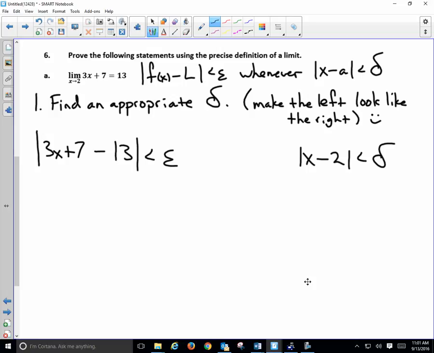Okay, I want to make the left look like the right. Does this look really anything like that right now? So look closer. What can I factor out of this?